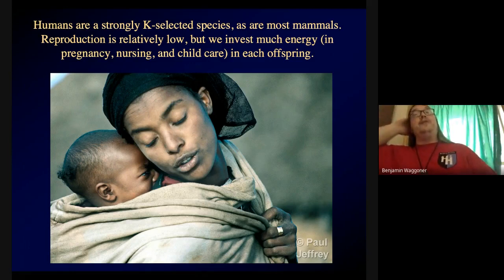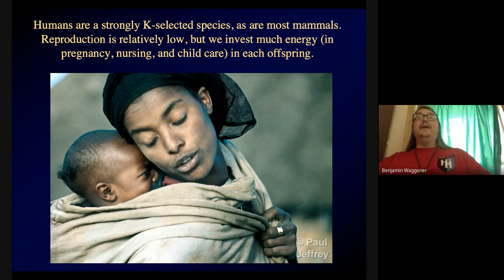Of course, we invest a lot of energy in pregnancy because fetuses growing in the uterus take a lot of energy from the mother's body. And then after they're born, we invest a lot of energy in childcare. Whether that's lugging your kid around on your back or trying to find a daycare that won't ruin your budget, we invest a great deal, whether it's money or time or energy, or usually a combination of those, in every offspring.